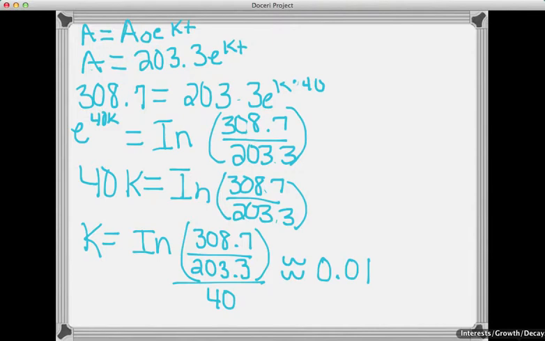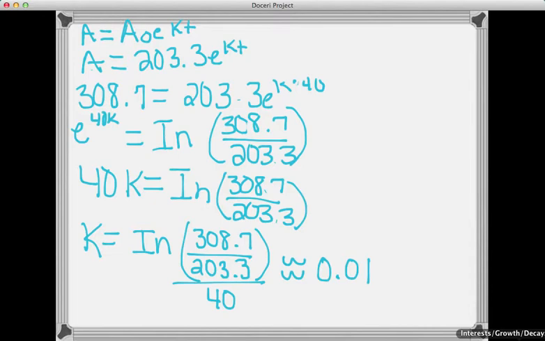A = A0 e^(kt). So, use the growth model with A0 = 203.3. When t = 40, A = 308.7. Substitute these numbers into the model. Isolate the exponential factor by dividing both sides by 203.3. We also reverse the sides. Take the natural logarithm on both sides.